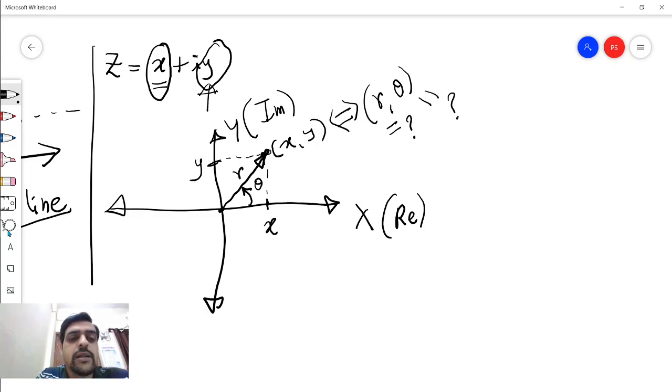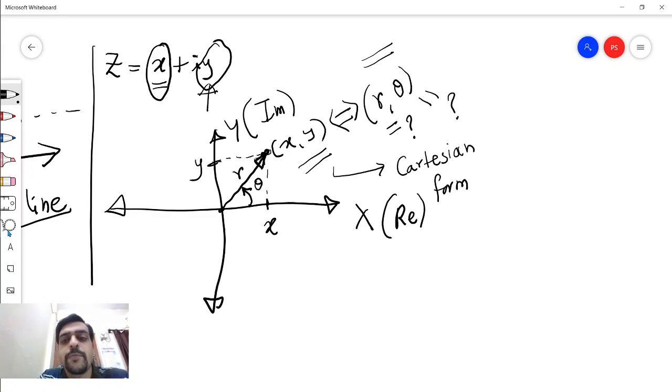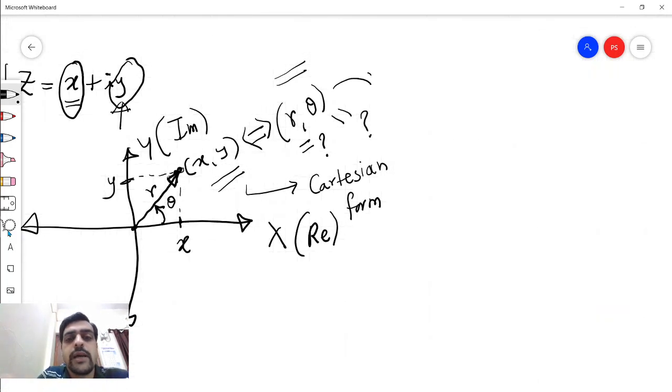That is the angle made by this position vector r with respect to the x-axis, measured in anti-clockwise direction. So xy is equivalent to r theta. This is the Cartesian form of expression, and r theta is called the polar form of expression.